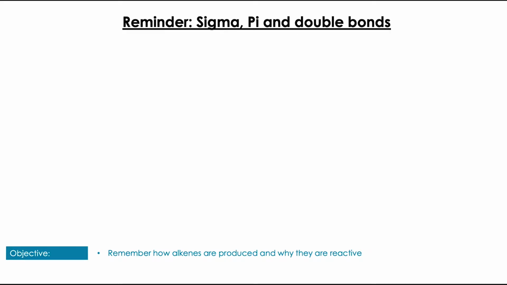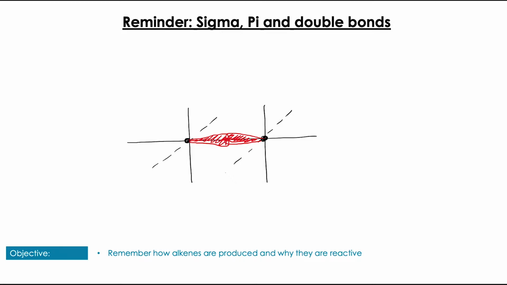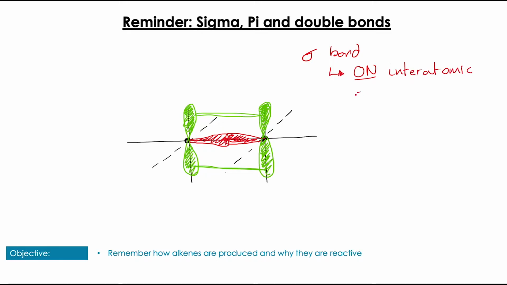So in order to understand why alkenes are reactive, we need to think about sigma, pi and double bonds. Just a quick recap on that. You'll remember that our sigma bonds are the hybridized orbitals that exist on the interatomic axis along it, and our pi bonds are formed from the unhybridized p orbitals above and below the plane.